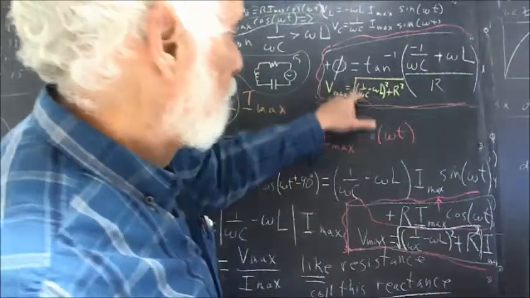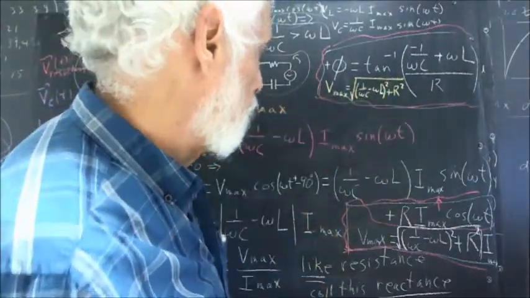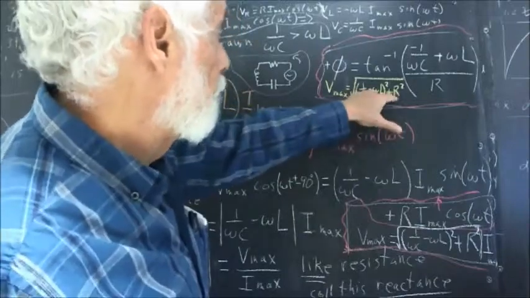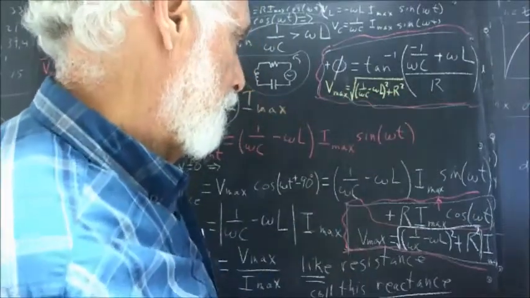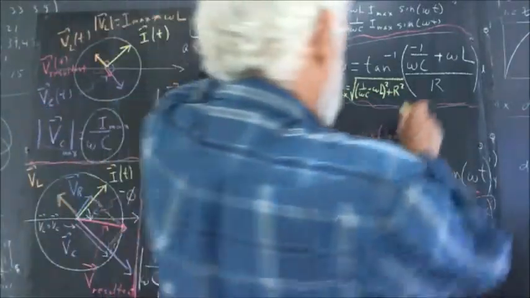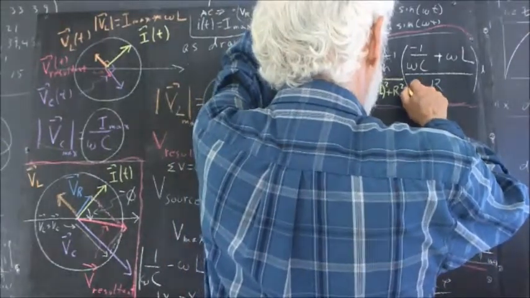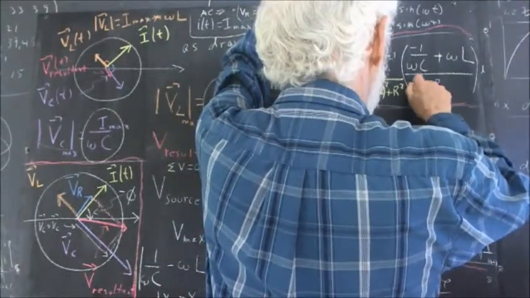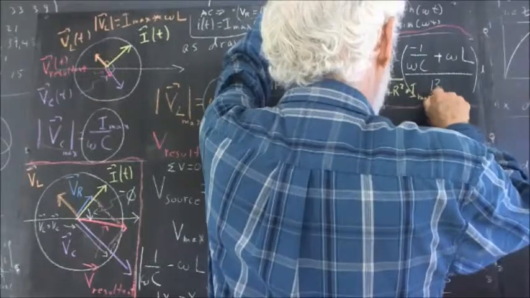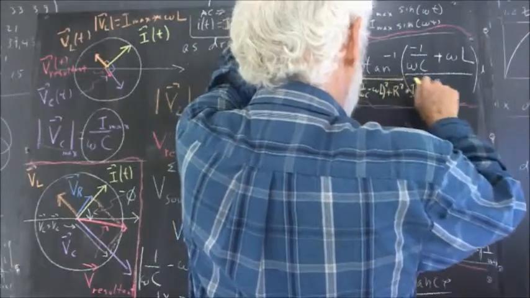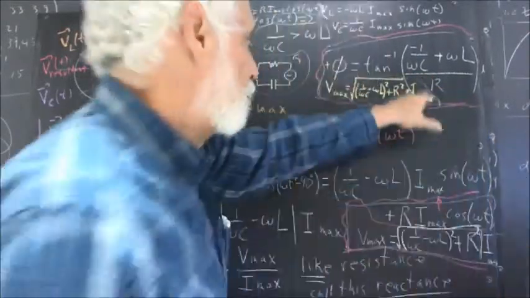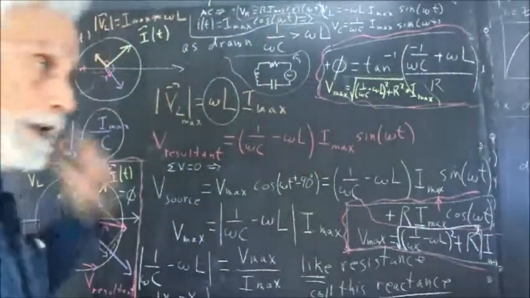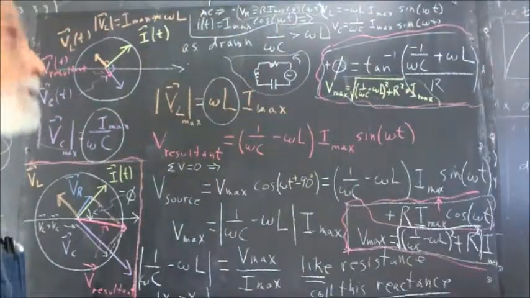We just have 1 over omega C minus omega L quantity squared, this is the square of this thing, times R squared, and then I didn't write the I max here. So that's times I max, and kind of wall that off. It's intruding in my parentheses here, but hopefully that doesn't confuse the expressions.